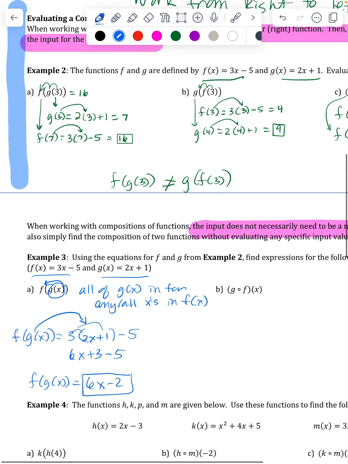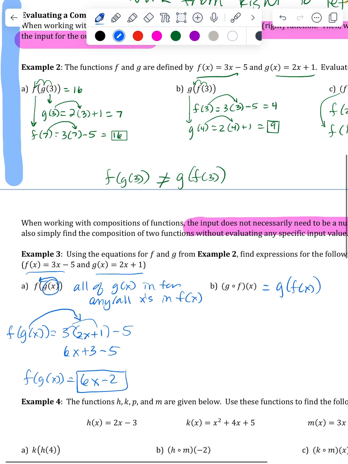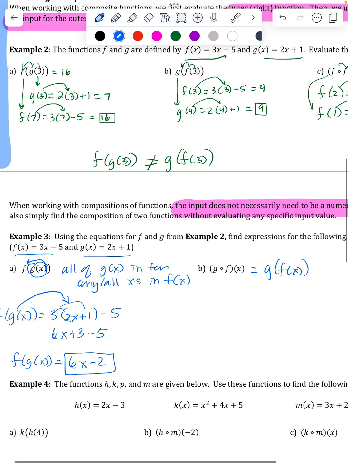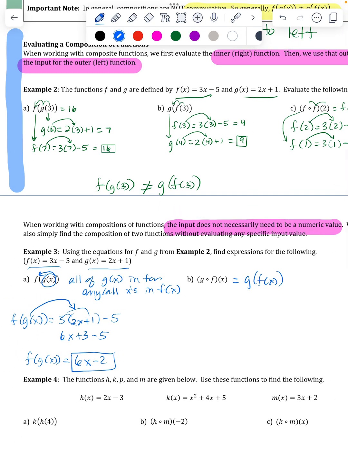Here they're asking me to do the exact same thing because this notation means G of F of X. So I should say they're asking me to do the exact opposite thing. We're going to now take function F and put the entire function in for the X's.